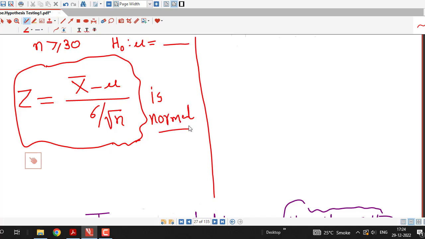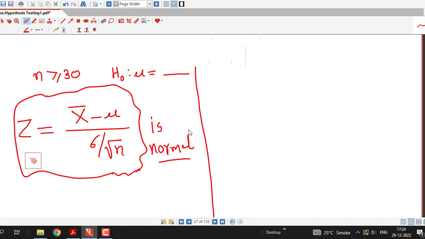This is by the central limit theorem. So the same result we have to discuss for the difference of means. In that case we first consider the sampling distribution of the difference between x bar and y bar. X bar is for the first sample and y bar is for the second sample.